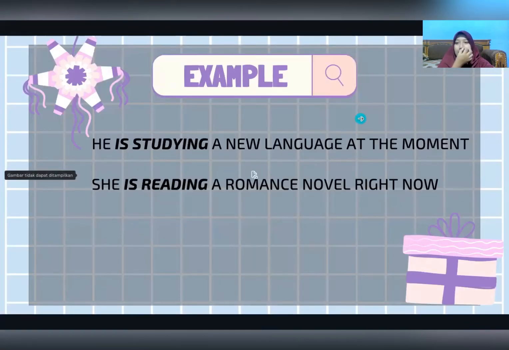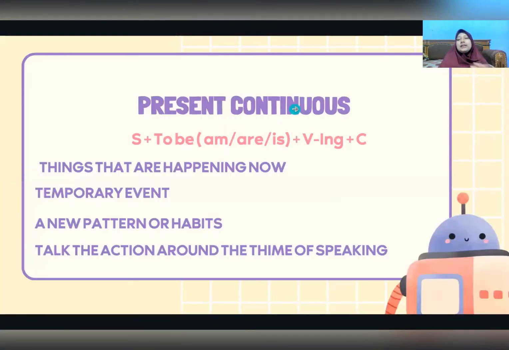In my analysis of the journal and the children's storybook, I cannot find the present continuous. In the journal I analyzed, why wasn't present continuous used? Because the journal is a research report of an event that happened in the past, so it's not happening right now.